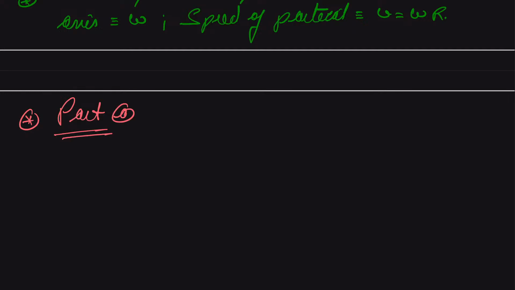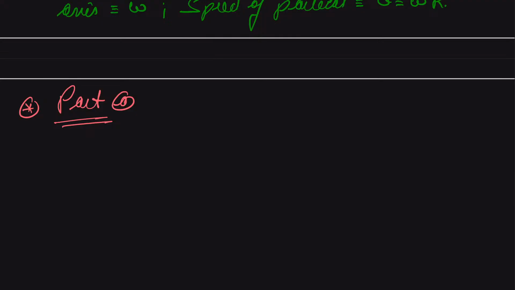So for part A, we can draw the various forces. This is one of the slants of the cone, and at any given moment, suppose this is the particle. In the downward direction we have mg, and the half angle is given as theta.